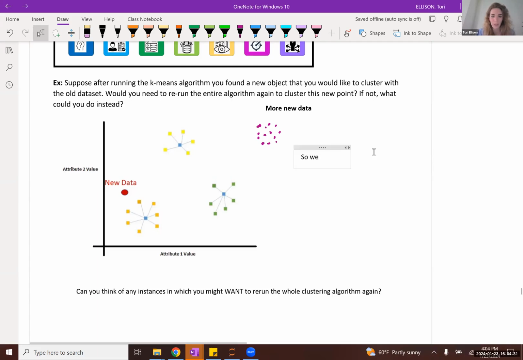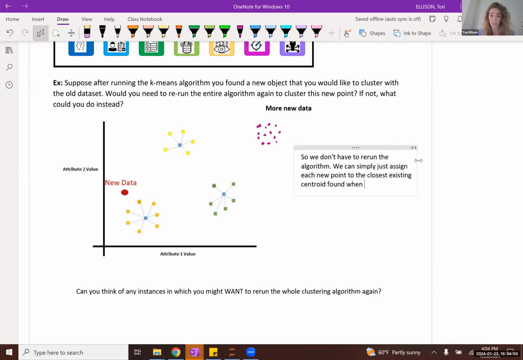So we don't have to rerun the algorithm. We can simply assign each new point to the closest existing centroid found when we clustered the original data set.